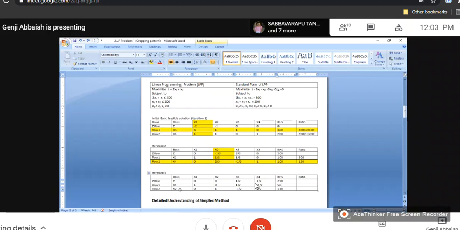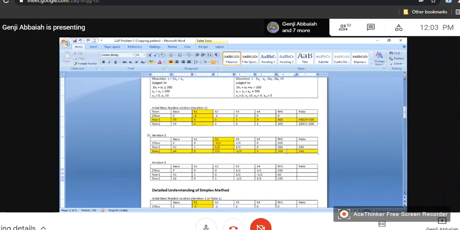Okay. So finally the solution is x1 is equal to 50, x2 is equal to 150, x3 is equal to 0, x4 is equal to 0, and z is equal to 150. Okay. So this is the simplex procedure.